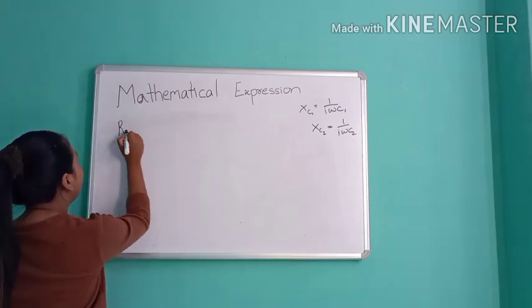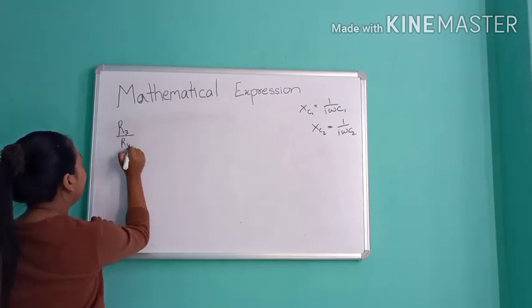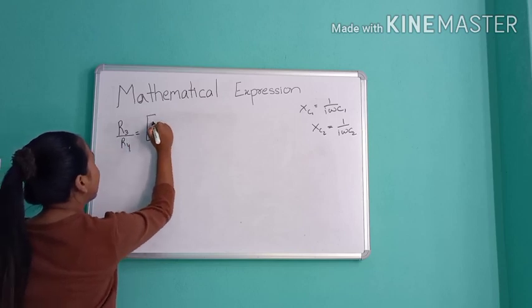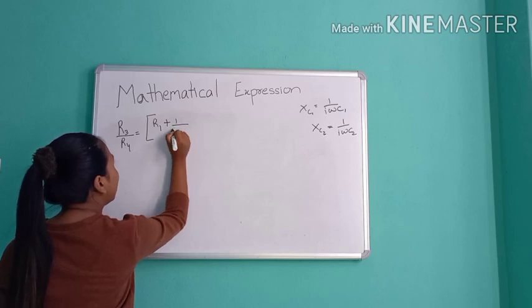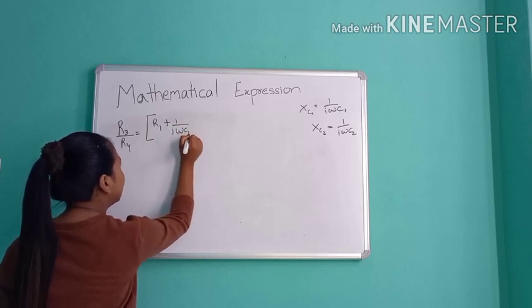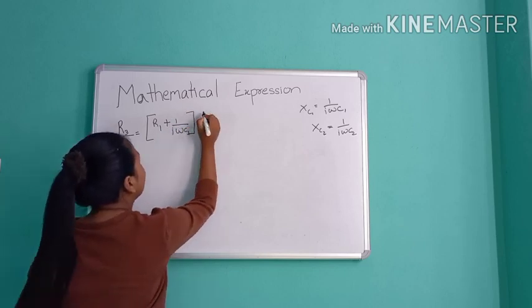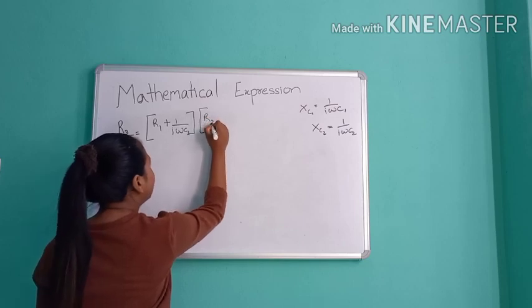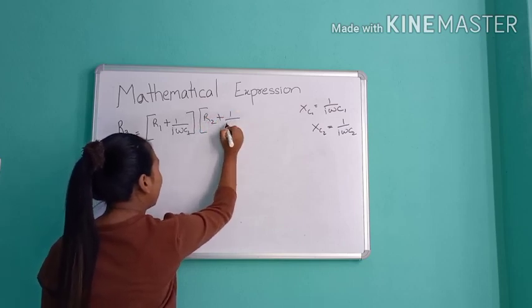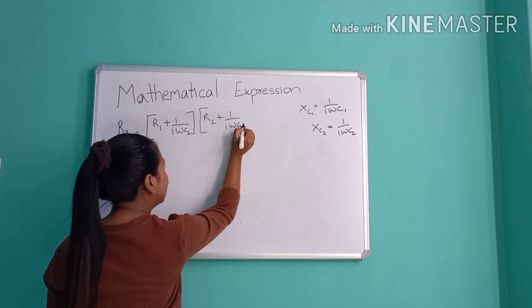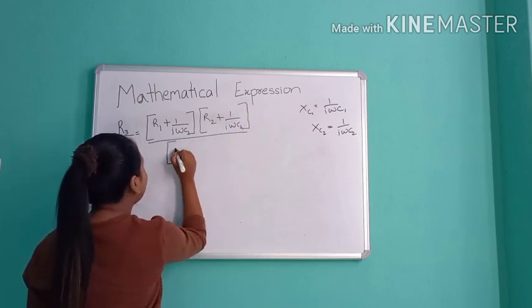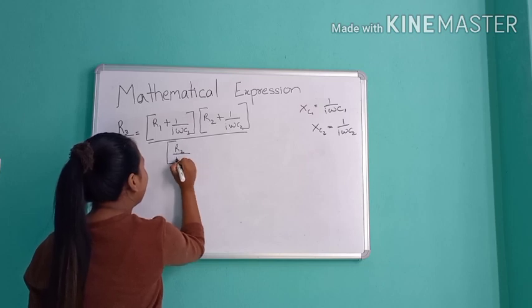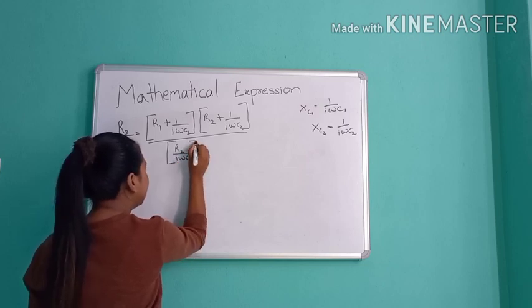We got R3 by R4 equals R1 plus 1 by iota omega C1, into R2 plus 1 by iota omega C2, by R2 by iota omega C2.